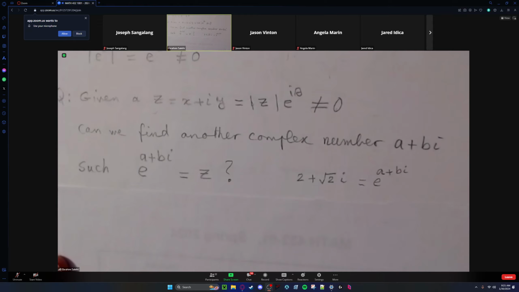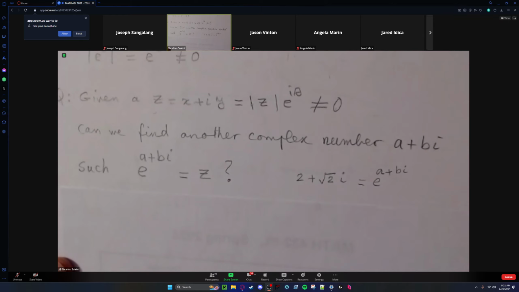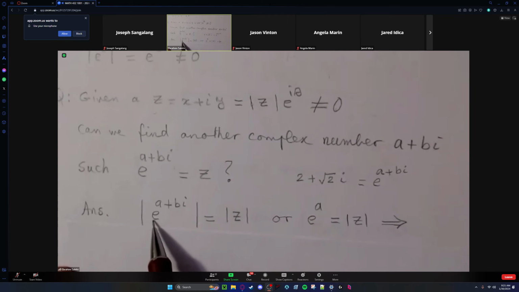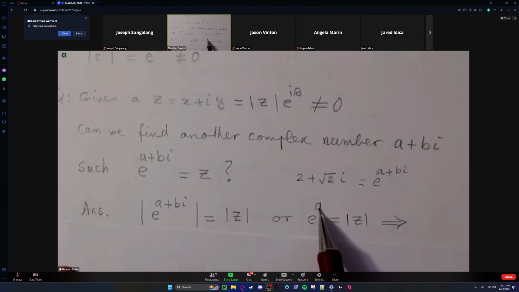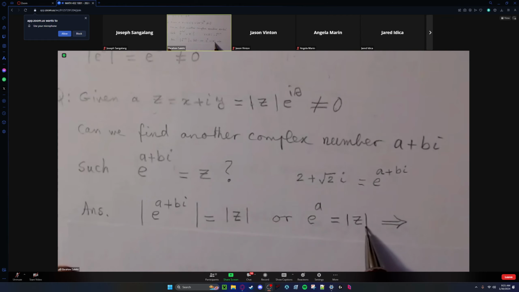Let's work on this. Suppose such a thing is possible, and we take the modulus of both sides. The modulus of the left side is e to the a. The modulus of the right side is this. Now, these are real numbers; there's no i involved here.